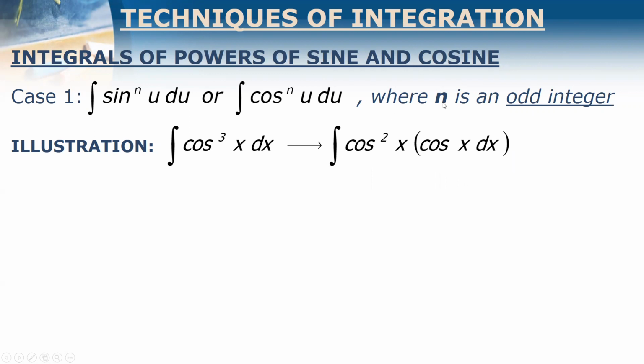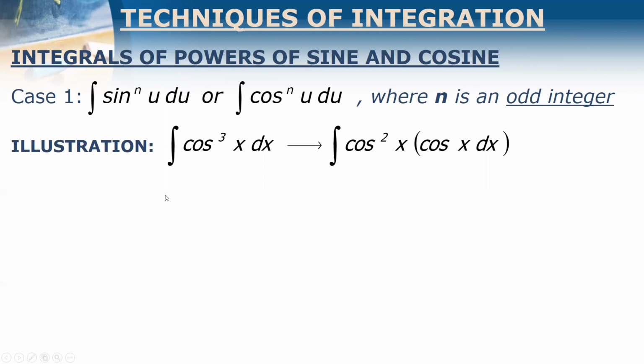Originally it was odd, so you extract one and the exponent becomes even, right? It could be 2, 4, 6, etc. So convert this one, or replace this one by an expression or a trigonometric identity involving sine.